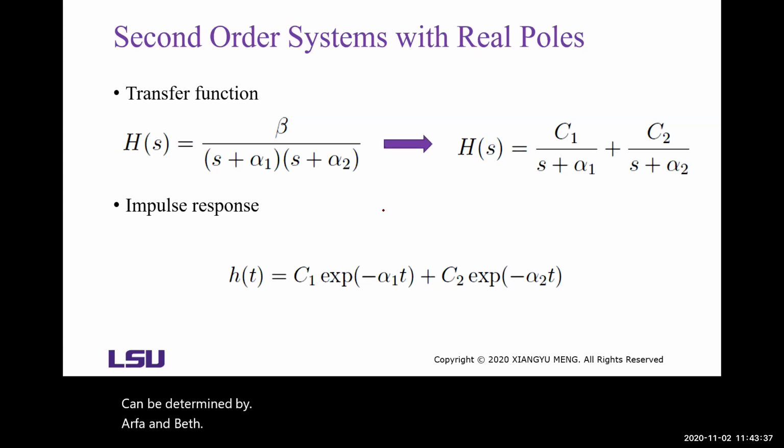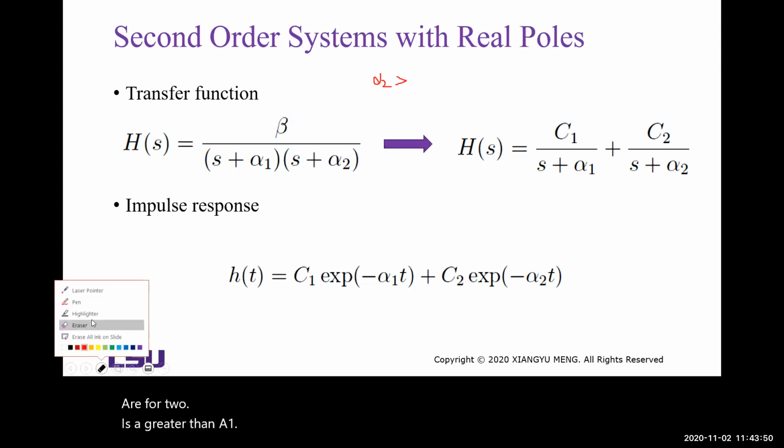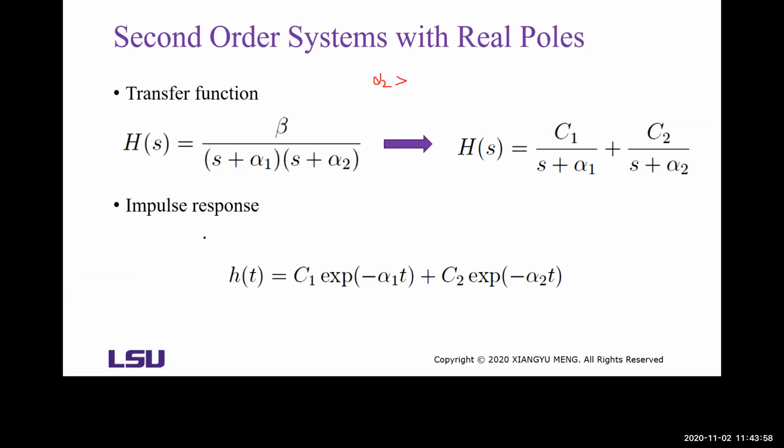Now, let's assume alpha 2 is greater than alpha 1, which is greater than 0.